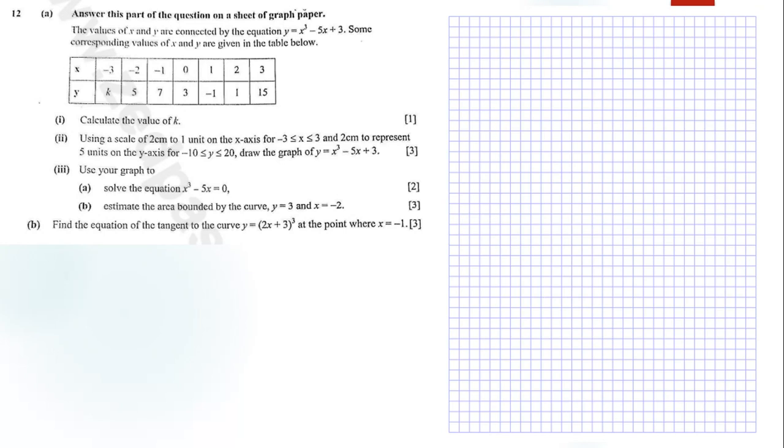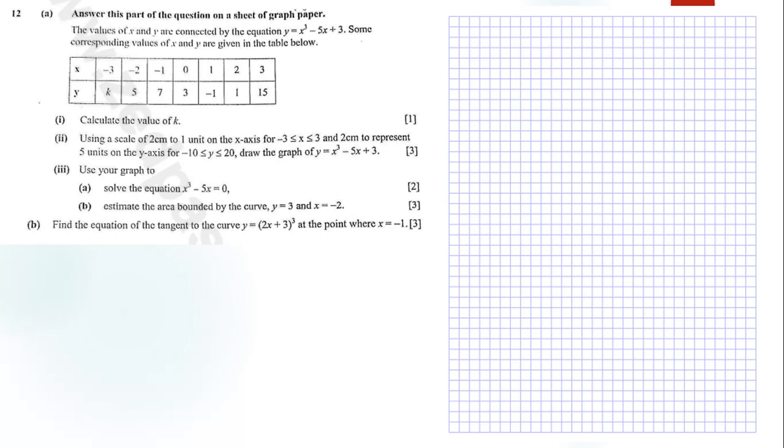So the question is: the values of x and y are connected by the equation y is equal to x cubed minus 5x plus 3. Some corresponding values of x and y are given in the table below.